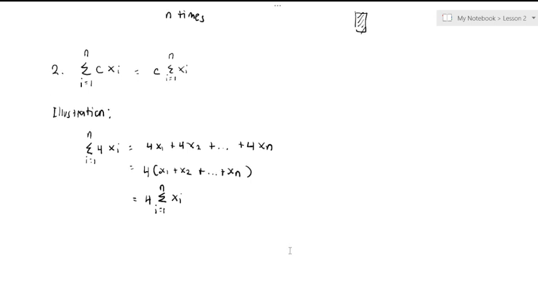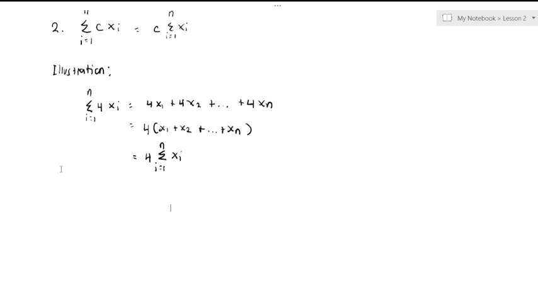Okay? Now, let's generalize for our proof. Summation of C x sub i, so this is any constant C, i equals 1 to n. So, this is equal to C x sub 1 plus C x sub 2 plus up to C x sub n.